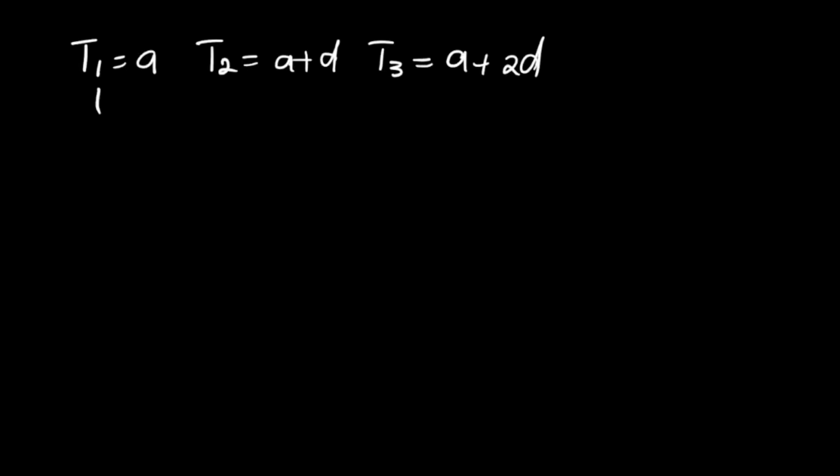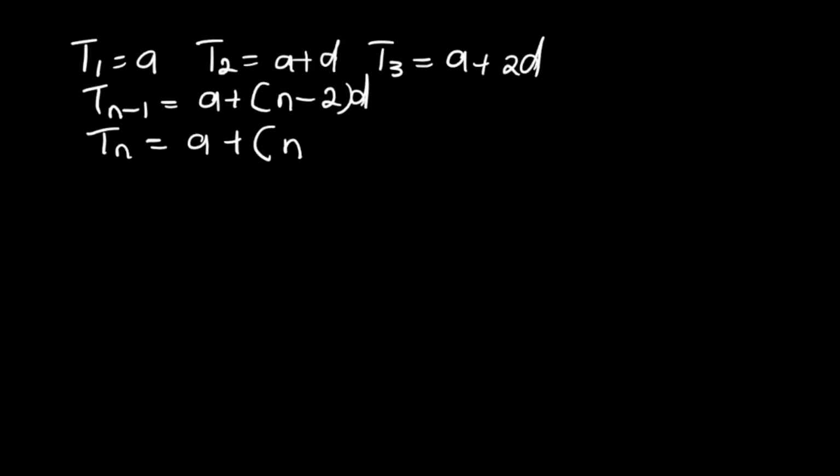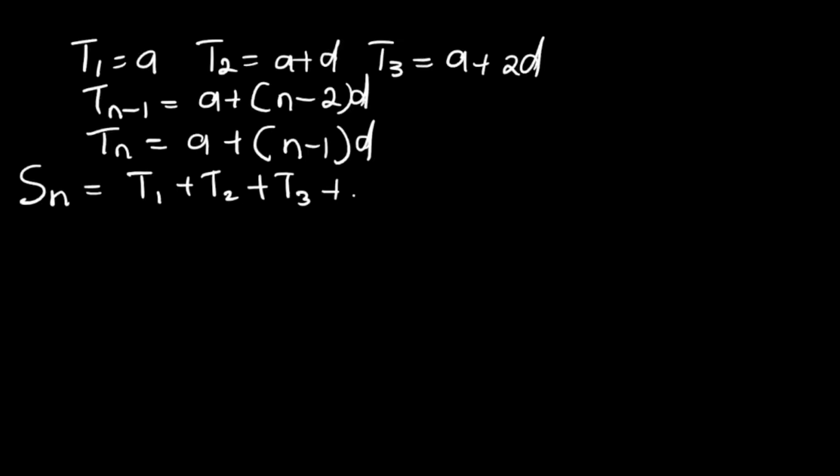Term subscript n minus 1 is a plus (n minus 2) multiplied by d, and term subscript n is a plus (n minus 1)d. So to write the sum of n, which we said is t1 plus t2 plus t3 up to t subscript n minus 1 plus t subscript n.